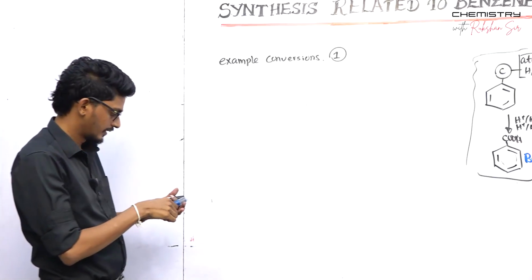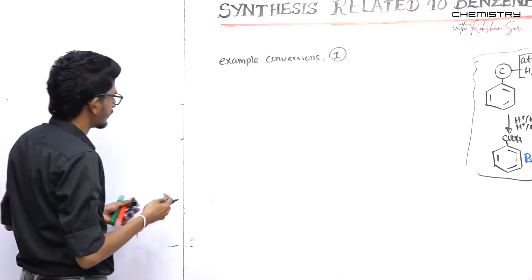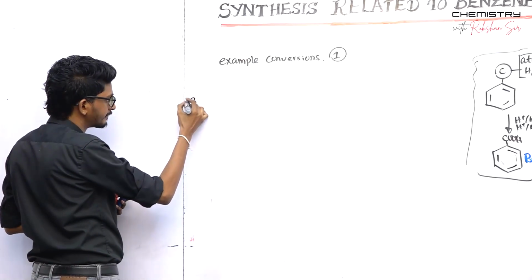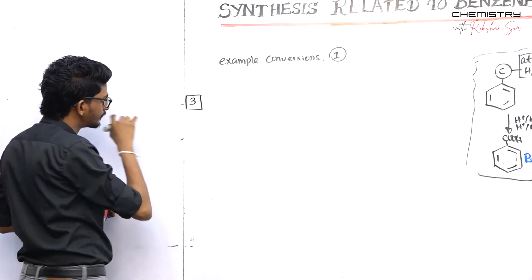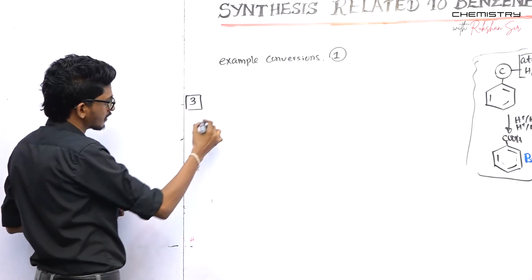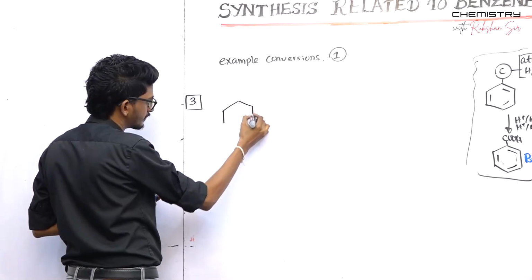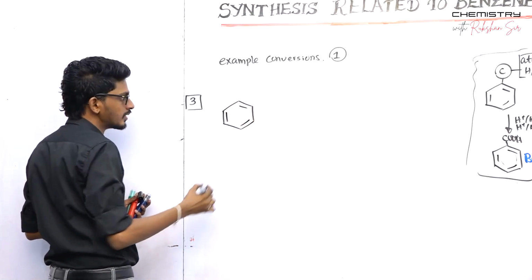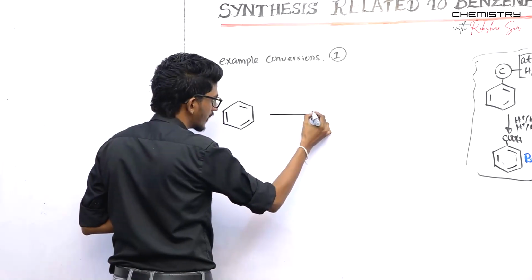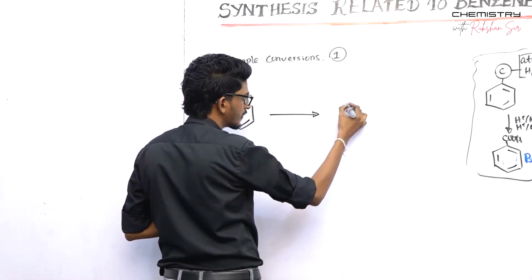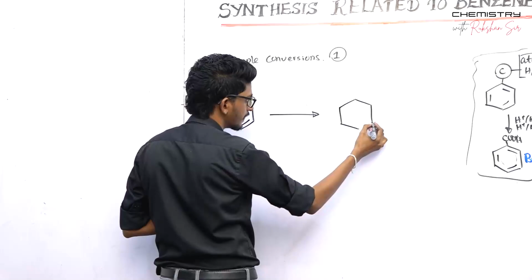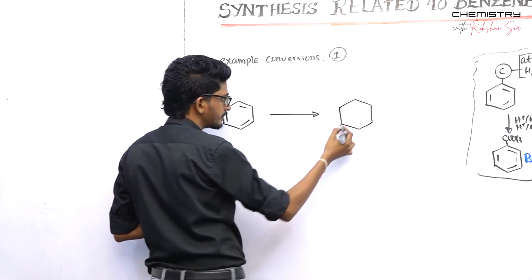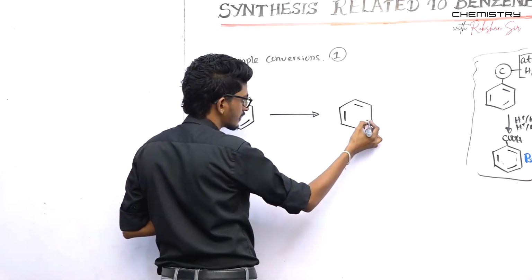Right, see the number 3. So you have been provided this thing, and they have asked you to come up with this.